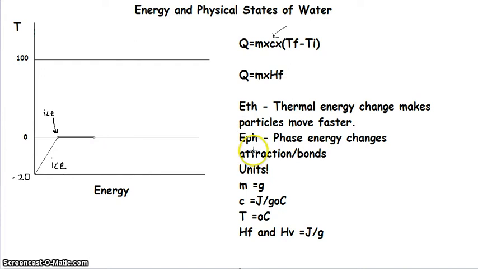And we're going to say that that's going to be a change of phase here, where phase energy changes the attractions and the bonds. Okay, so it's changing its form. And in this stage, instead of having ice bonded together, the energy that goes into it is actually going to break those bonds, and I'm going to put EPH right there.